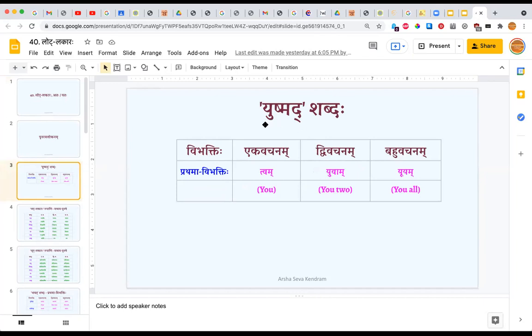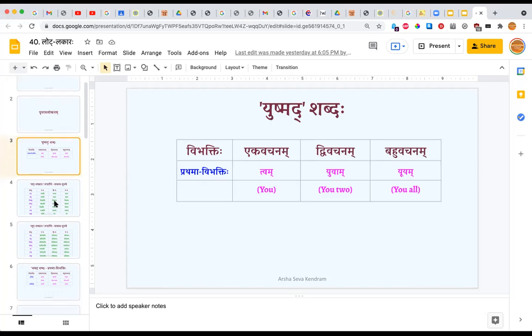We studied the Yushmat Shabda, Prathama Vibhakti forms were Tvam, Yuvam, Yuyam, right? And we also studied that Bhavat Shabda also indicates you, a Madhyama Purusha type of a word, but it is in Prathama Purusha. That's the difference we saw last time.